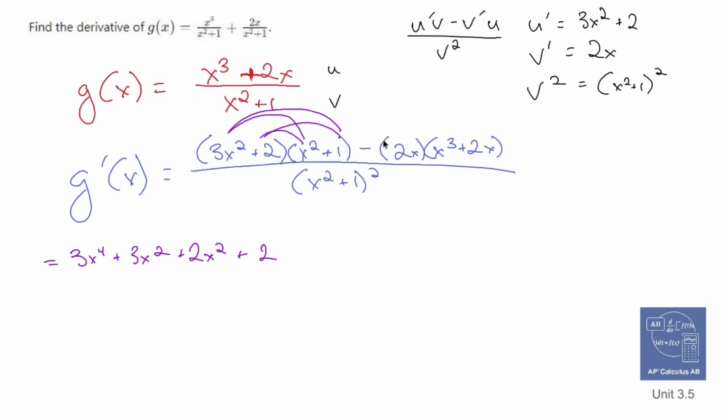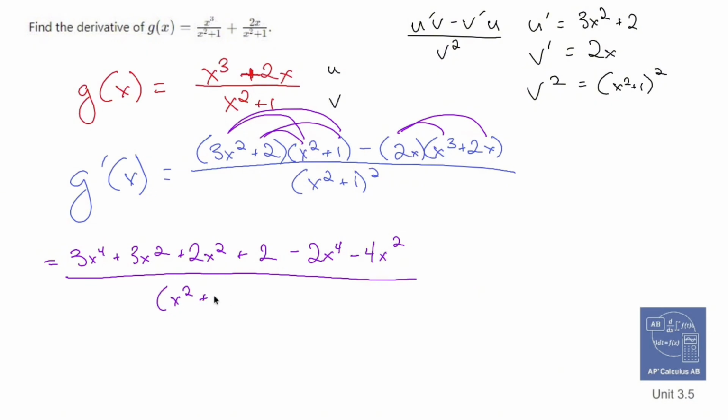All right, minus 2x times x cubed, so minus 2x to the fourth. And not looking good right now. Minus 4x squared. Okay. And that's still over x squared plus 1 squared.